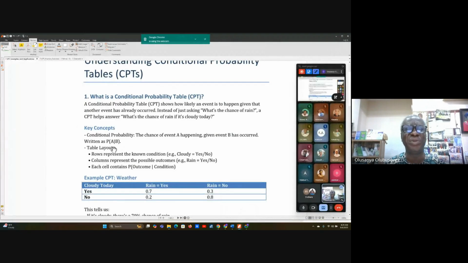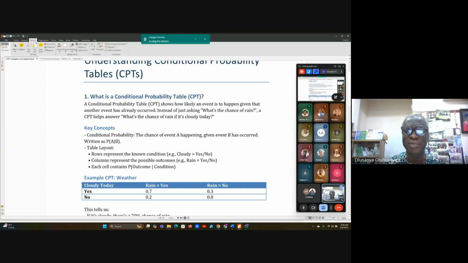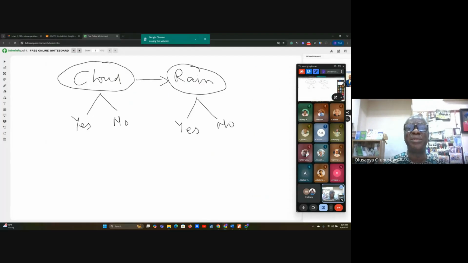Precisely, in other words, we are simply interested now in having a table, a conditional probability table.